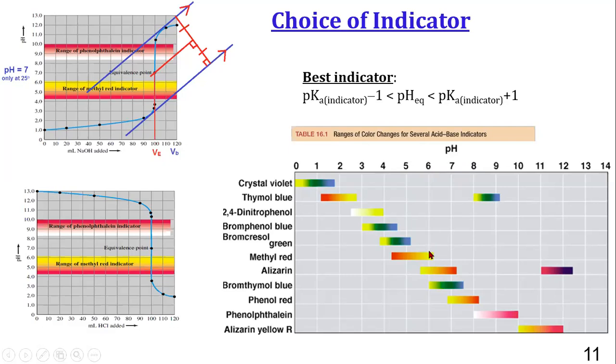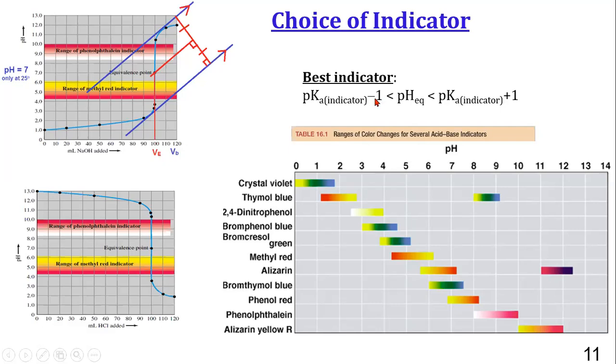So this would be methyl red, at 6, that's pH minus 1, and this is pH plus 1, 8, phenol red or phenolphthalein. Any of these between 6 and 8 can be used as indicators, and usually the best indicator is one which you choose with a pKa of the indicator.